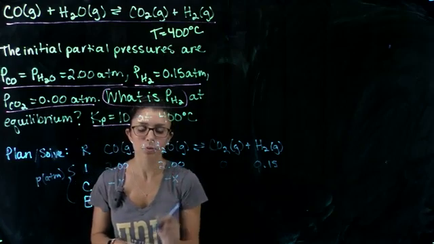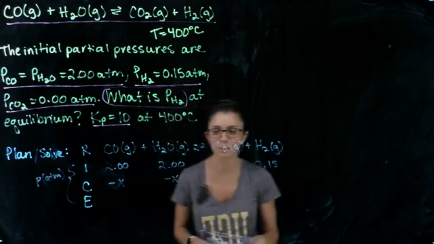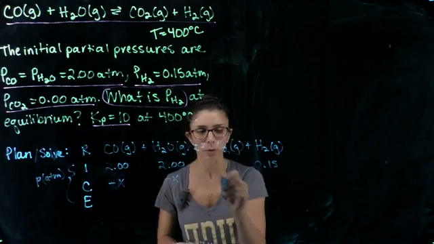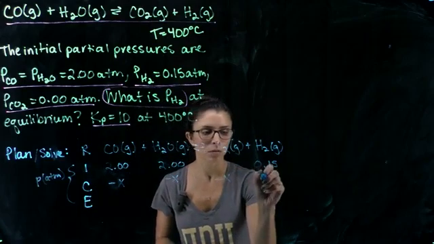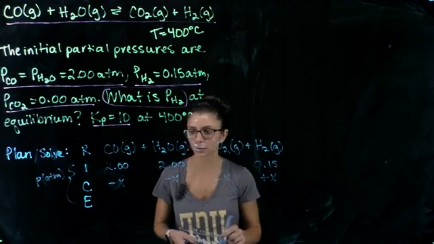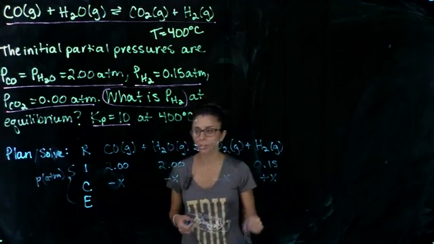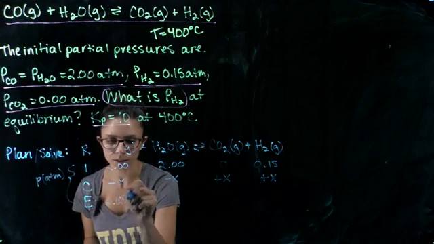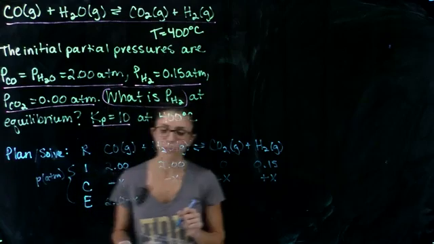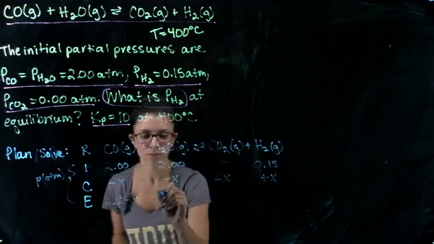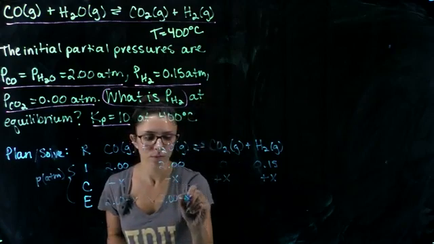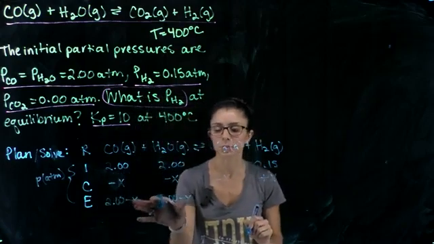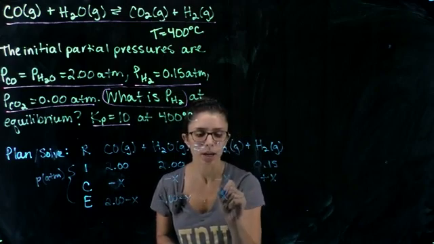And again, the stoichiometric coefficients are 1, so the change is going to be the same. And I would expect some products to form. All right, so at equilibrium, I will have whatever the initial partial pressure was, considering the change. So in this case, I would be subtracting x, and over here I'd be adding x.